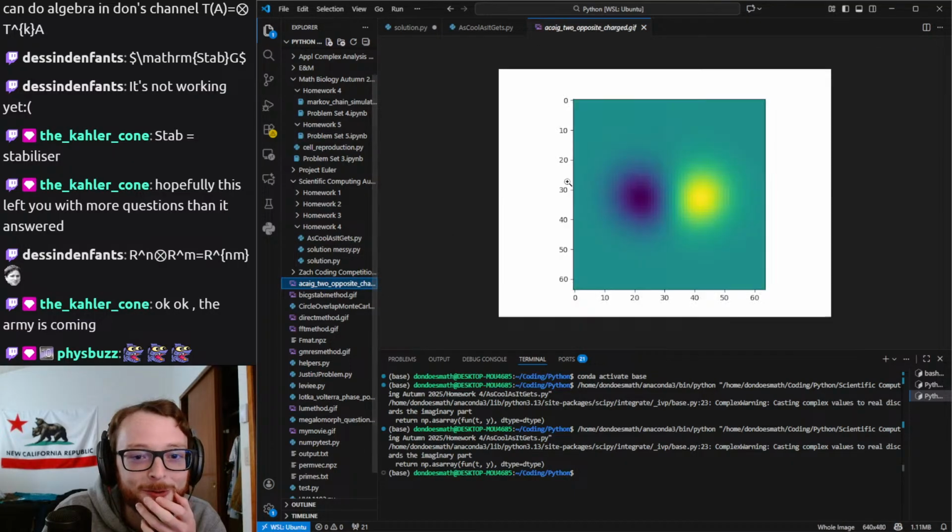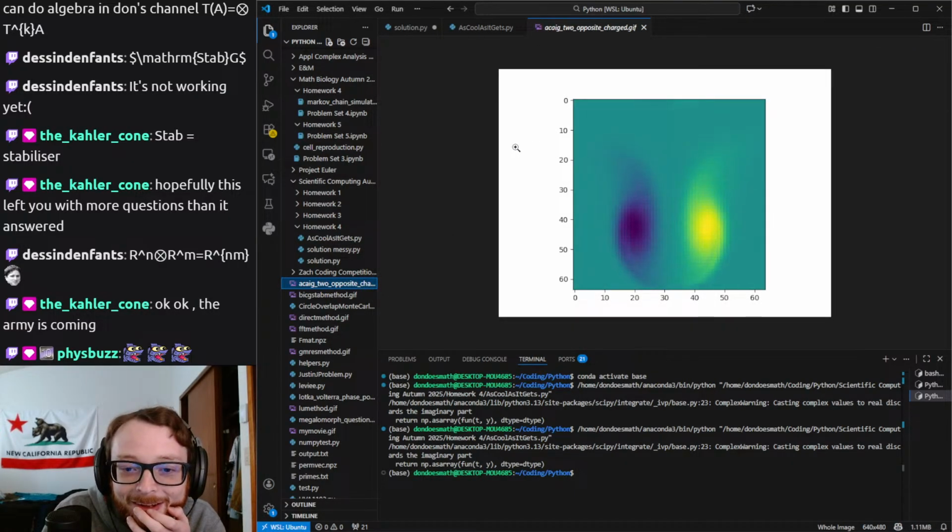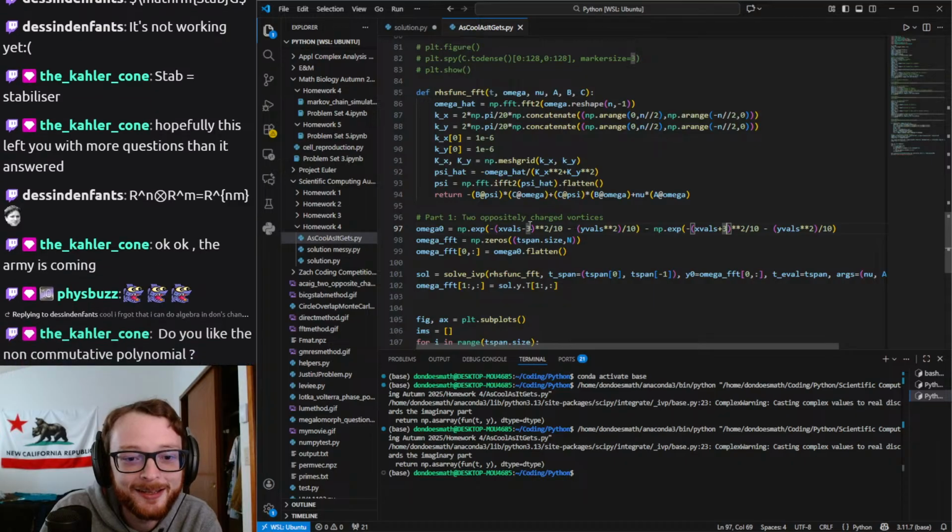Oh, Fizzbuzz, of course you're here for this. Whoa! Why are they doing that? Get even closer.